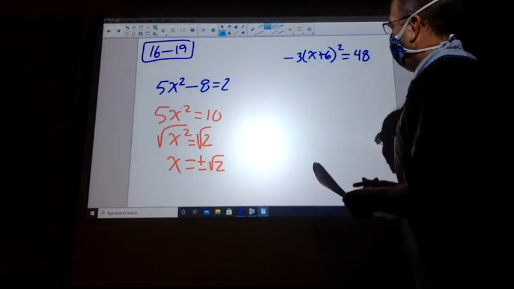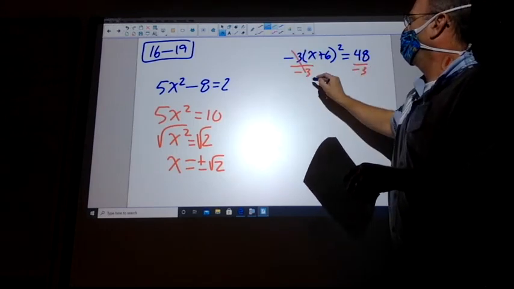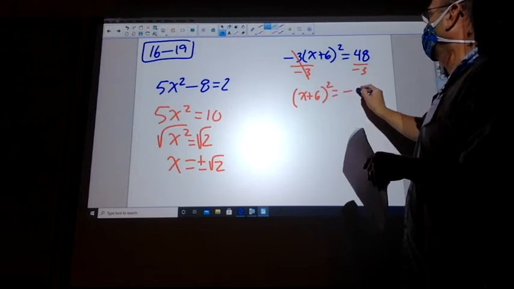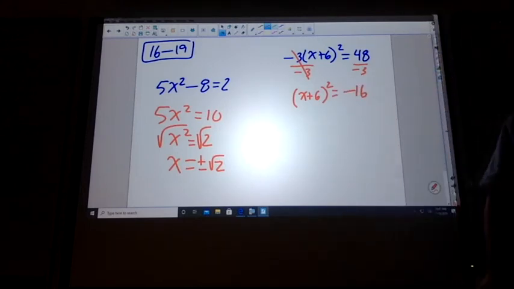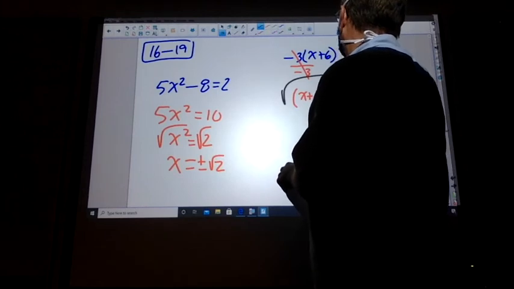Second problem, we need to start doing this. I'm going to divide each side by negative 3. Those cancel. What do I do next? Square root. Don't forget the what? Plus or minus.